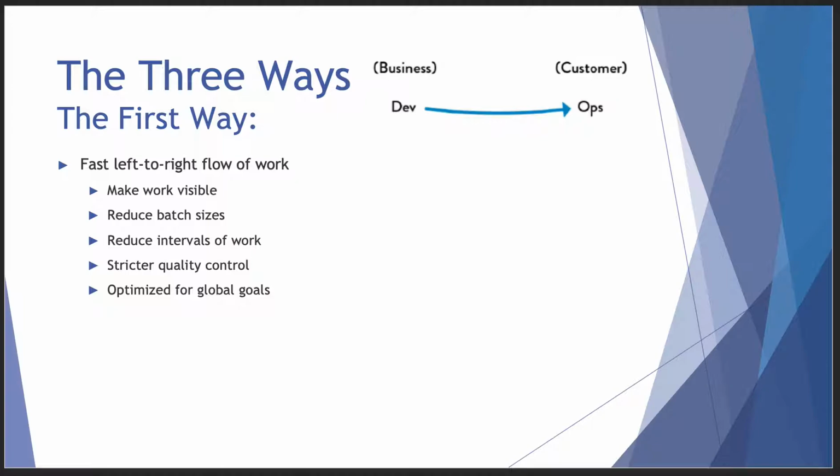In that process, you need to involve stricter quality control so that you can put your changes or your enhancements out to a version control system, and they go directly to a quality control system that can be either automated or in front of human eyes, and get the work checked, and then optimize. And these are all optimized for global goals of the entire team.